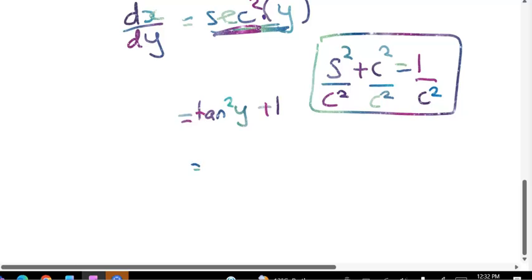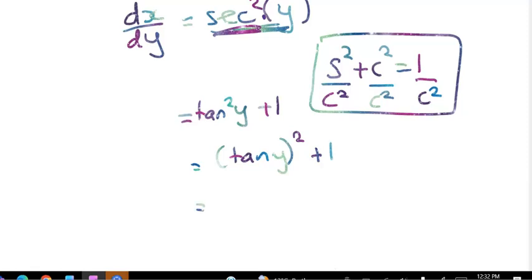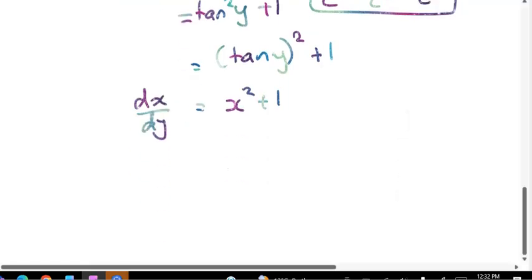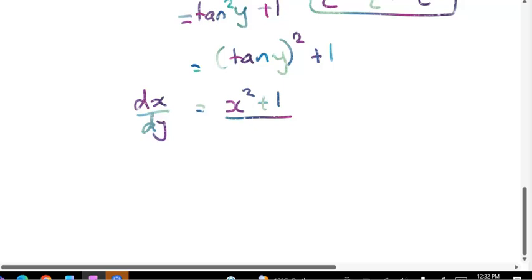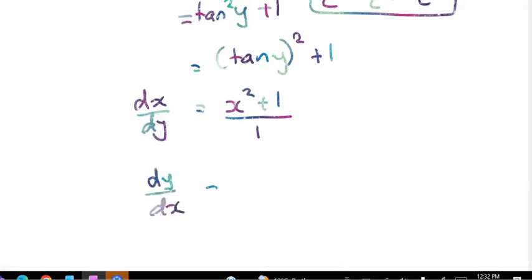Tan squared of y is tan of y squared, and tan of y was x. So we've got x squared plus 1. So dx by dy, which is not what we want, is x squared plus 1, and so dy by dx is equal to 1 over 1 plus x squared.